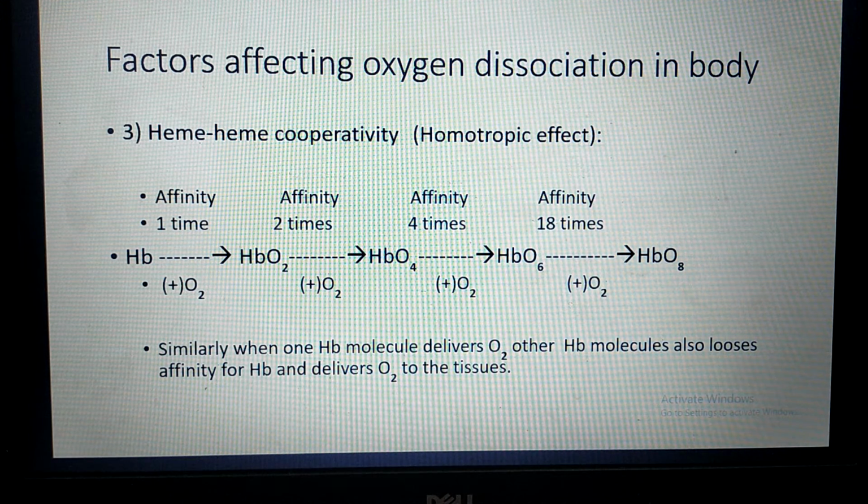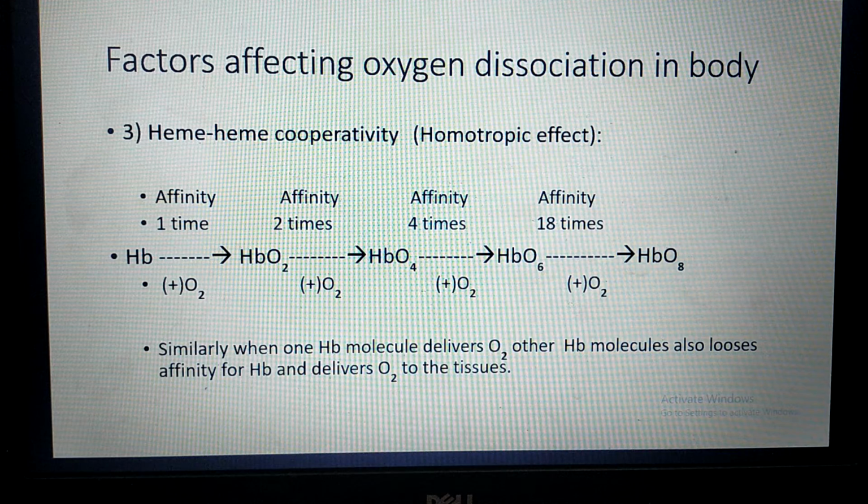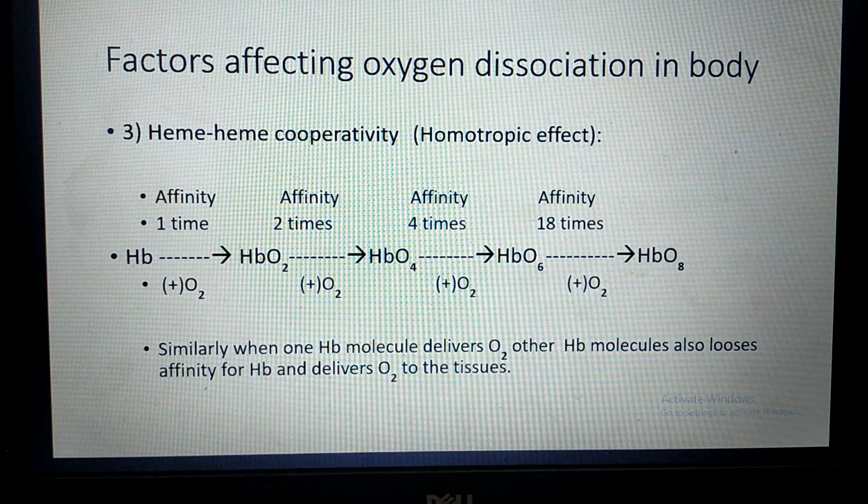And when the third oxygen molecule binds with the third subunit, then you find that the affinity of the last subunit with oxygen increases to 18 times. That means when the hemoglobin binds with oxygen, the affinity goes on increasing. This happens at the lungs.